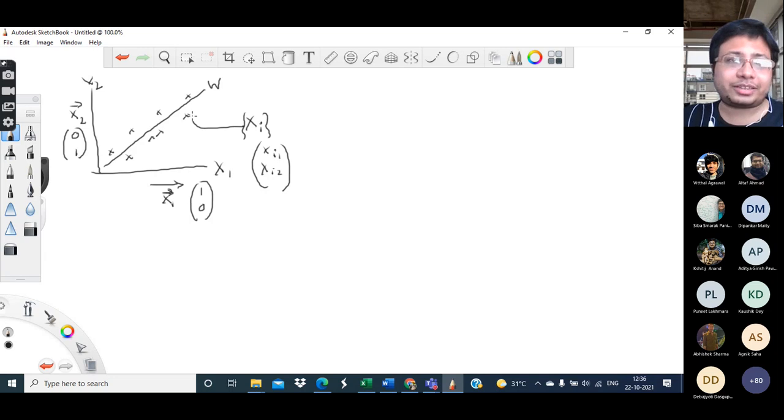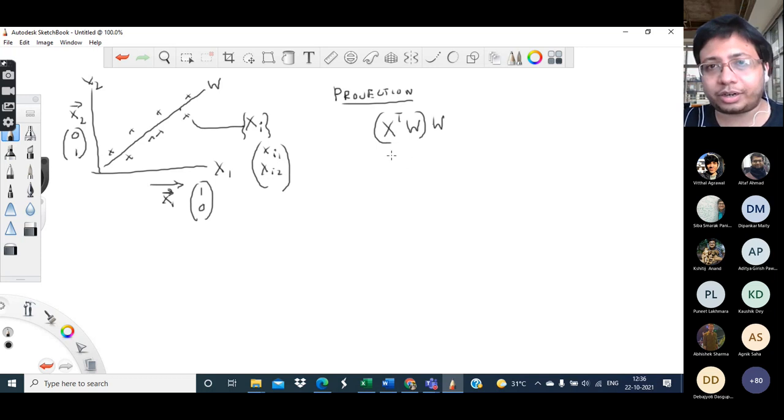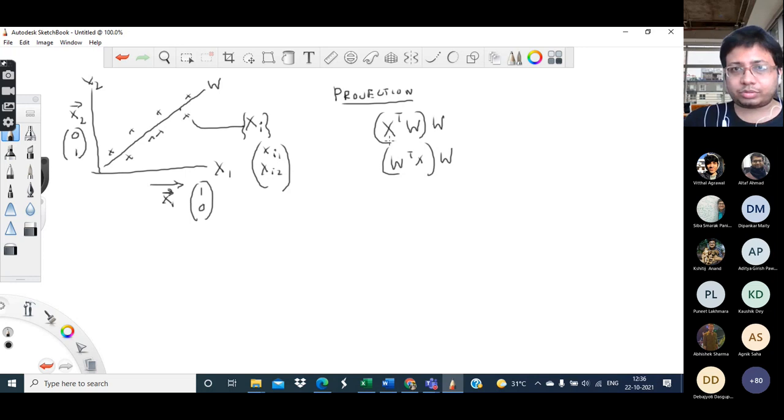I am projecting this observation onto W. The definition of projection in this case is: X transpose W, or the dot product of Xi with W, times W. Of course, you can also write it as W transpose Xi times W.